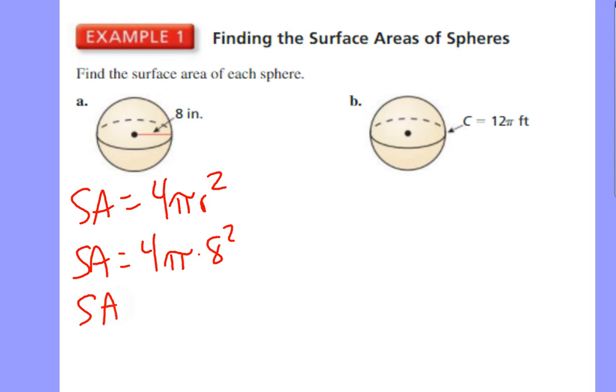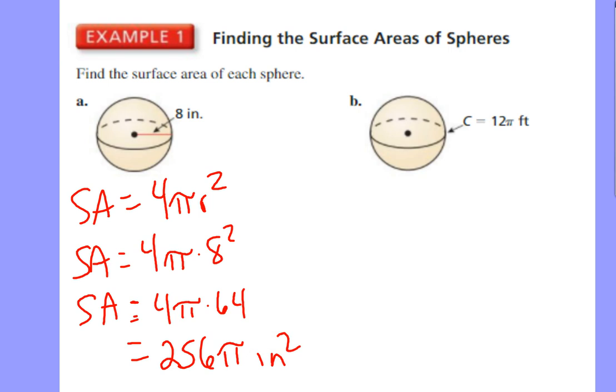So the surface area here would end up being 4 pi times 64, which equals 64 times 4. And since pi really is exact, I really like keeping it in pi unless it tells us otherwise. So we can just leave it as 256 pi, and of course we're back to area, so we are inches squared.